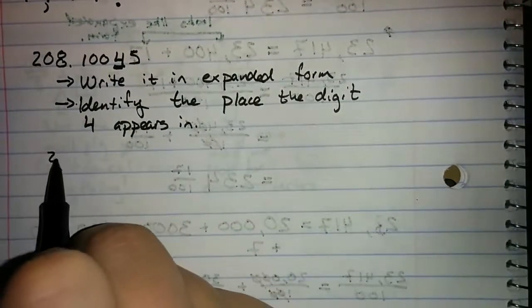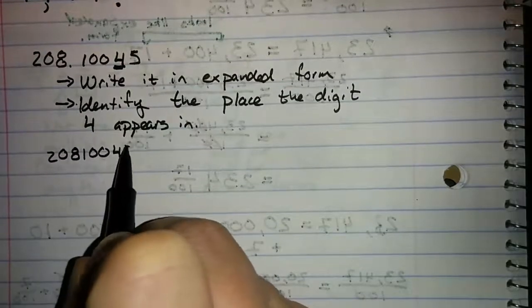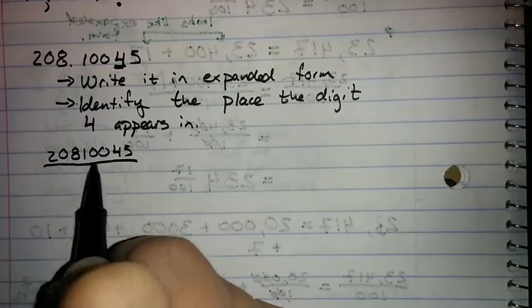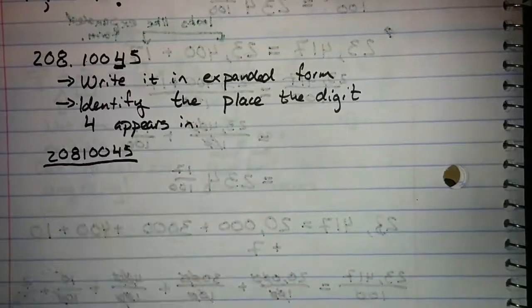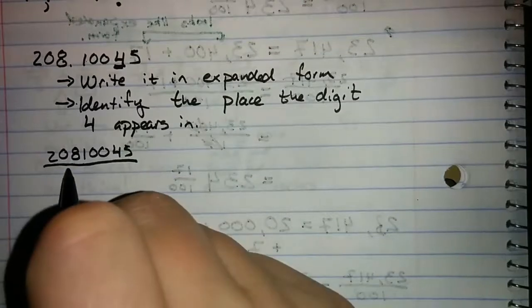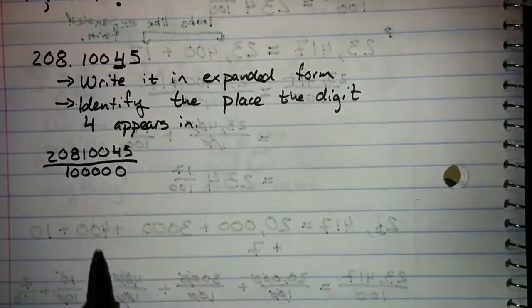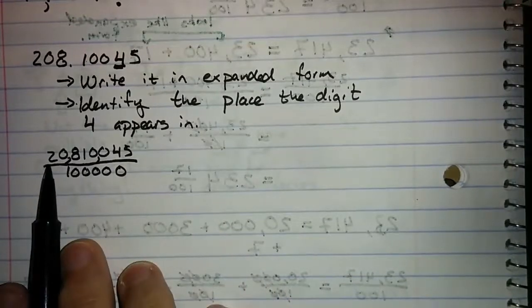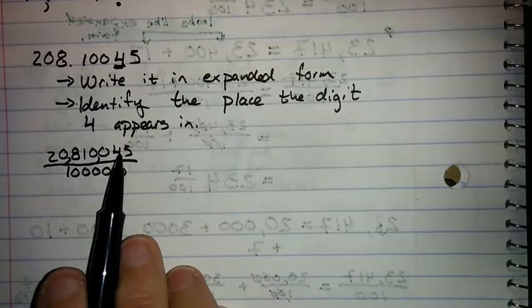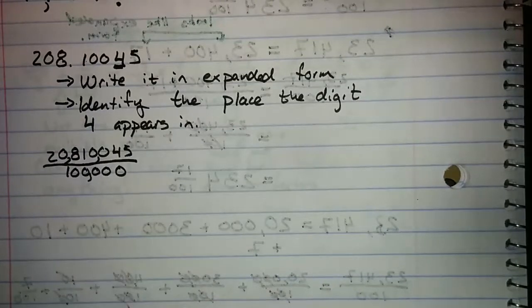We'll have 208.10045 over, let's see, 1, 2, 3, 4, 5 digits to the right of the decimal point. 1, 2, 3, 4, 5 zeros in the denominator. So I'll have 20,810,045 hundred thousandths.